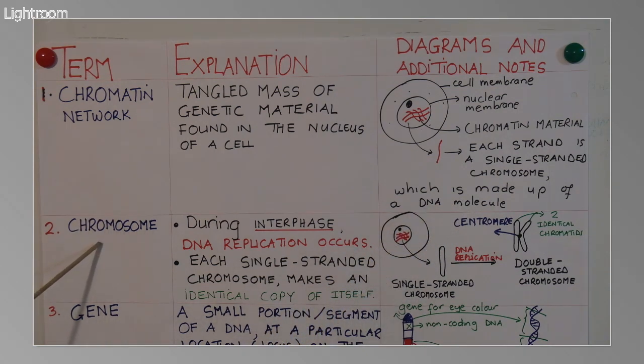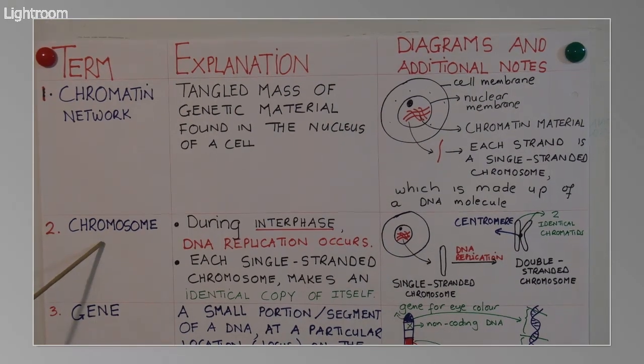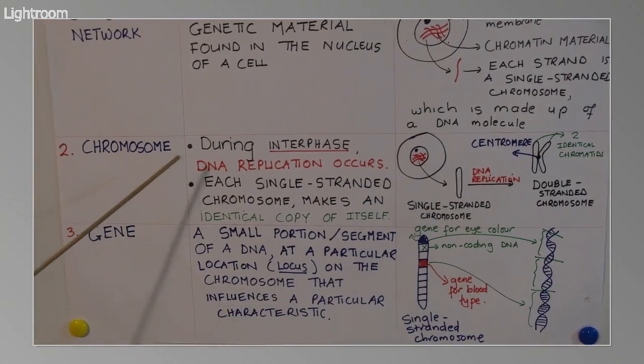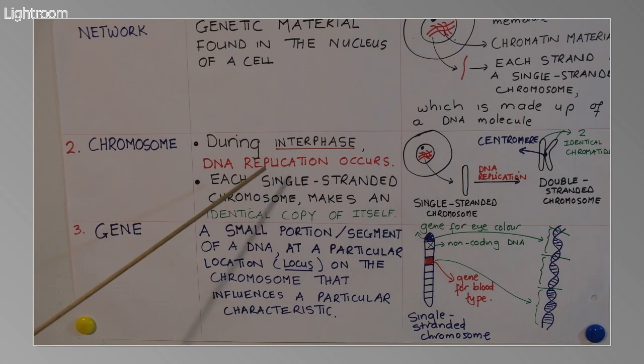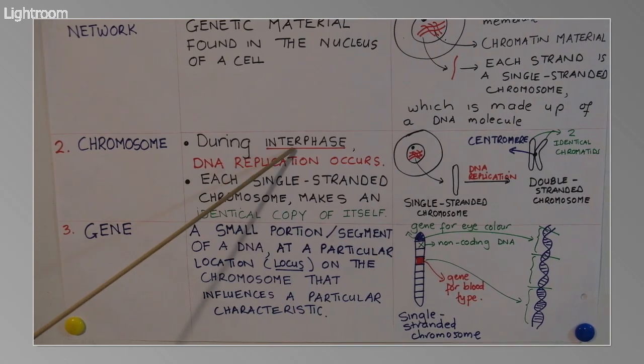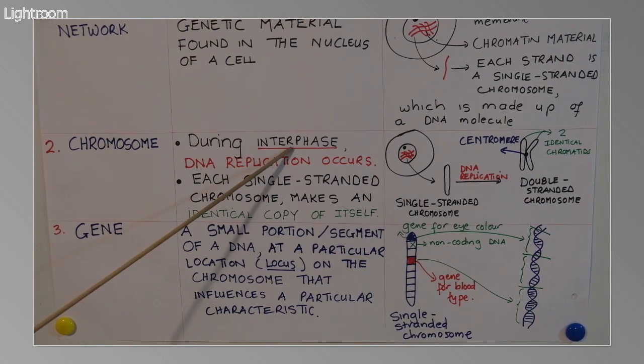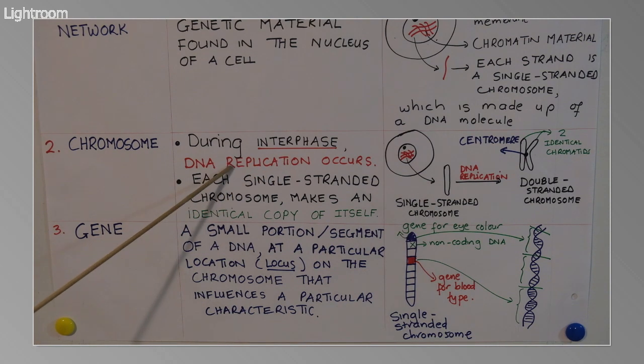The next concept is chromosome. During the cell cycle, one of the phases is interphase. During interphase, the DNA molecule makes an identical copy of itself. This process is called DNA replication, and during this process, each single-stranded chromosome becomes double-stranded.